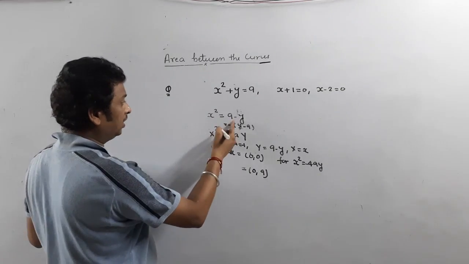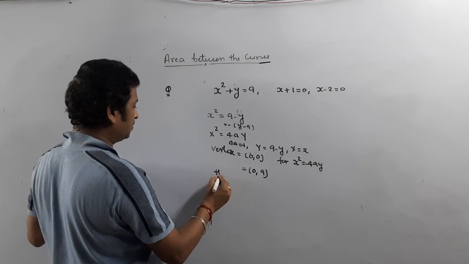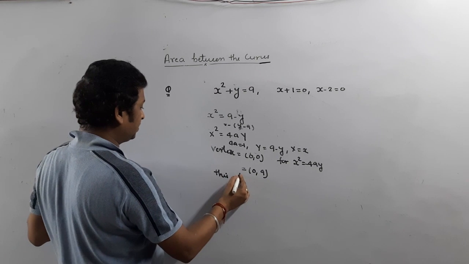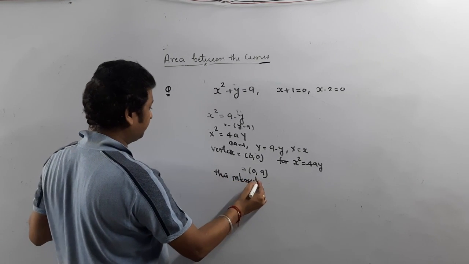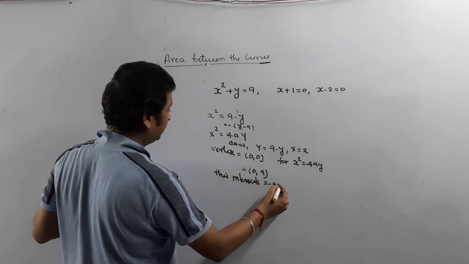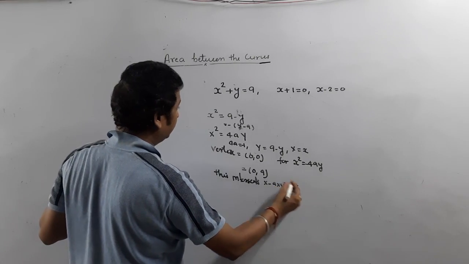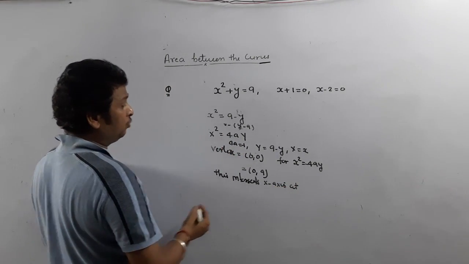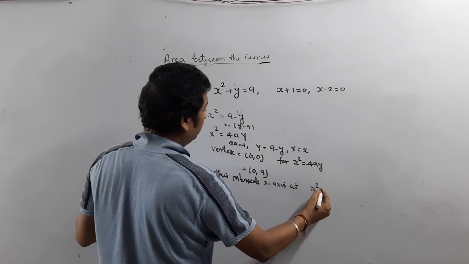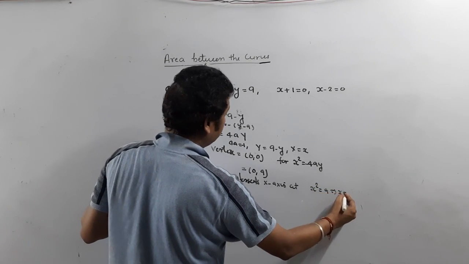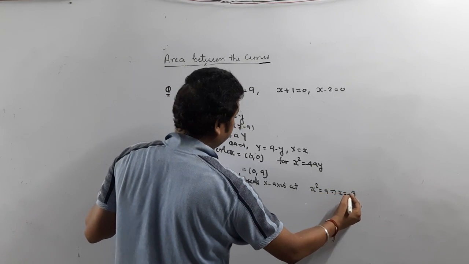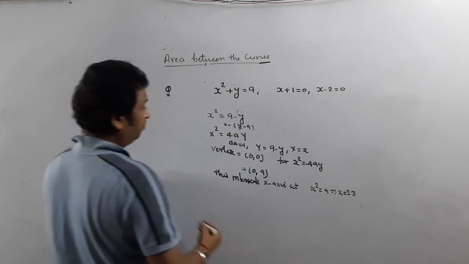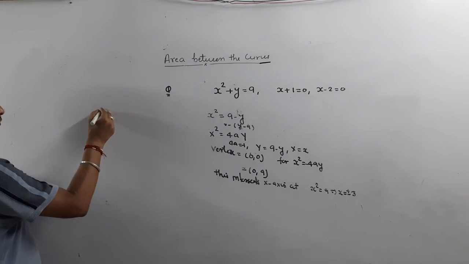Now this curve intersects the x-axis where y value is 0, means x square is equal to 9. So what is the x value? Plus minus 3. So how do we draw the curve?